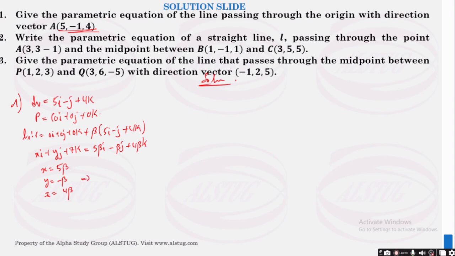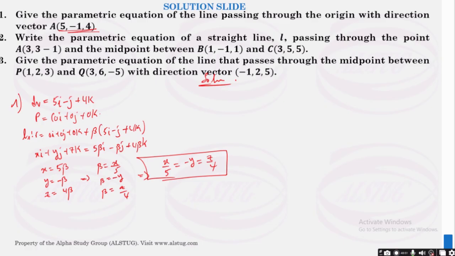If we make beta subject of formula, beta is equal to x on 5, or beta is equal to negative y, or beta is equal to z on 4, which implies x on 5 equals negative y equals z on 4. This is our parametric equation of the line.